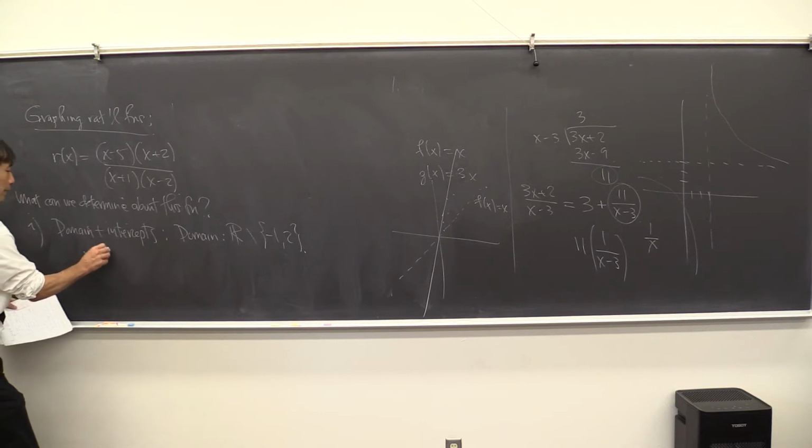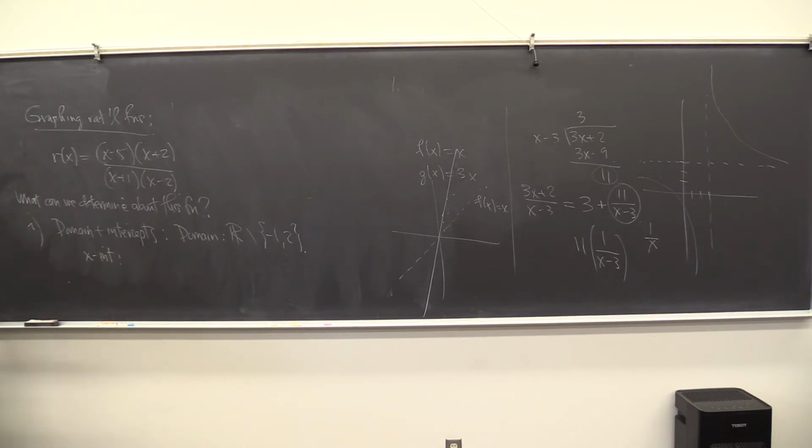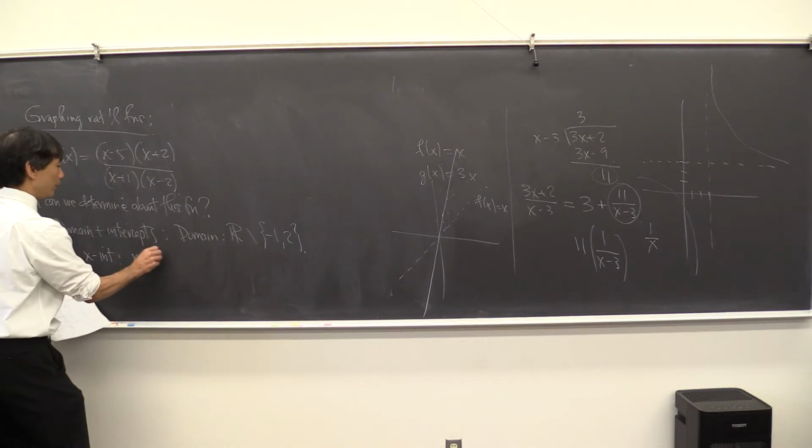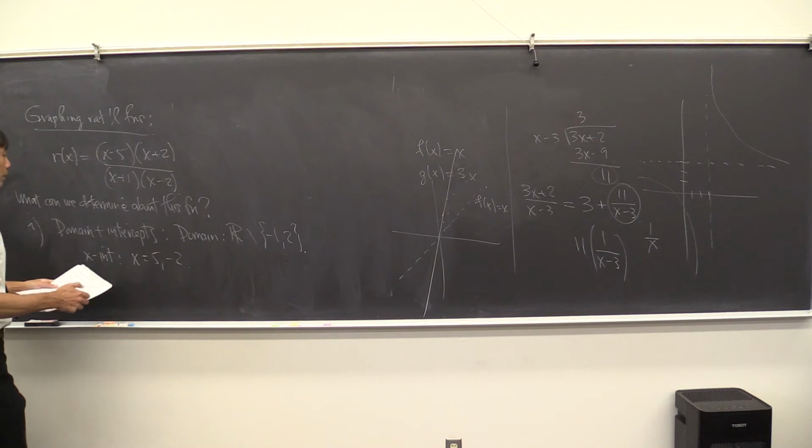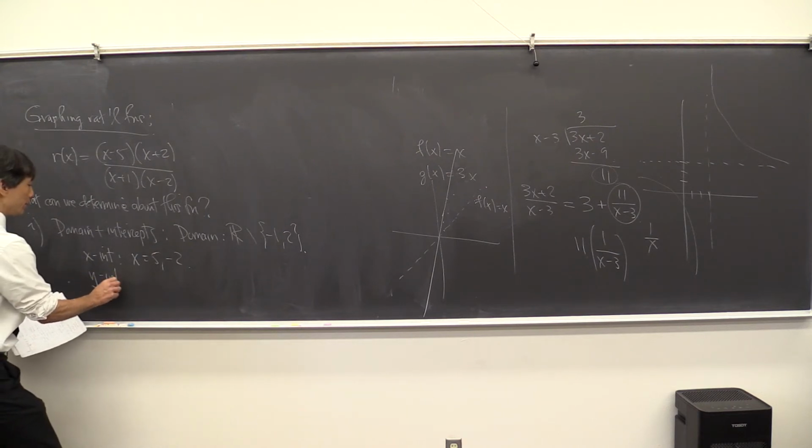Okay. We can think about the x-intercept. Where does y equal 0? So I just look at it. Where does y equal 0? So 5 and -2. So just look where the numerator is 0. We can figure out, say, the y-intercept.